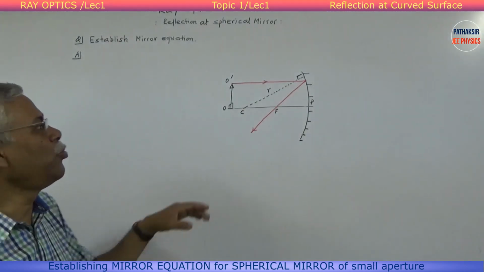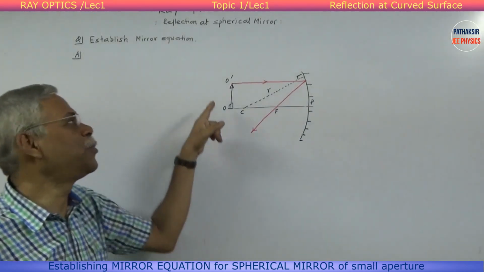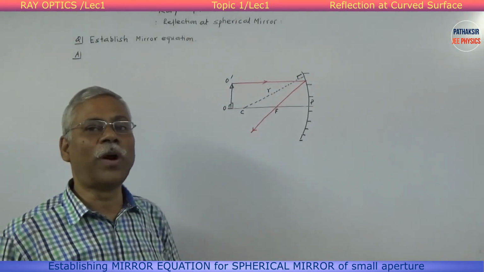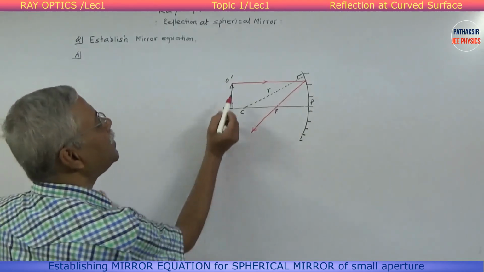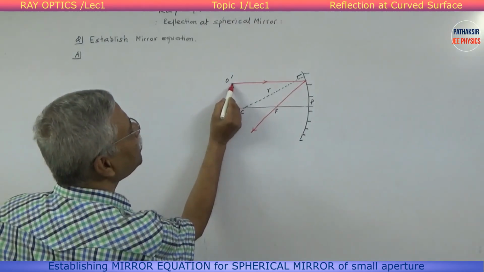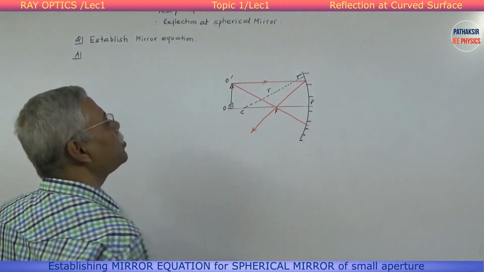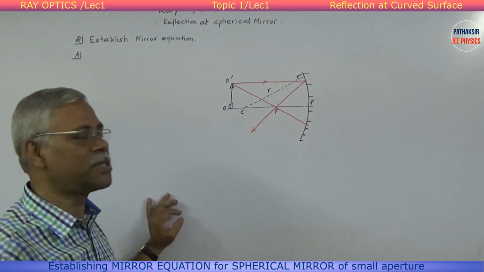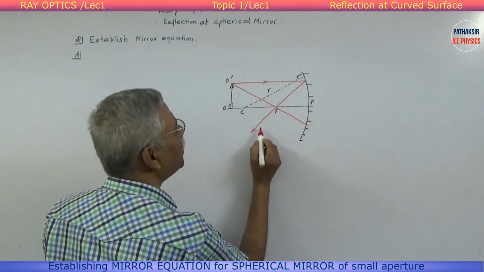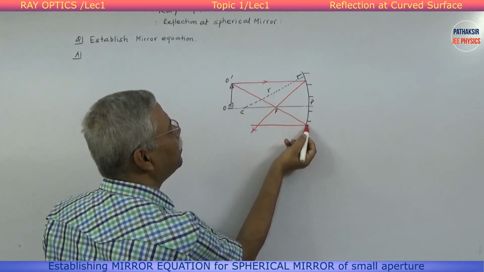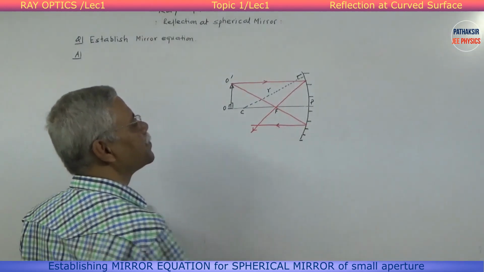In order to get the image position of O dash, you have to draw one more ray, and this time I am drawing a ray which is passing through the focus. So since this ray passes through the focus, after reflection it will pass parallel to the principal axis.